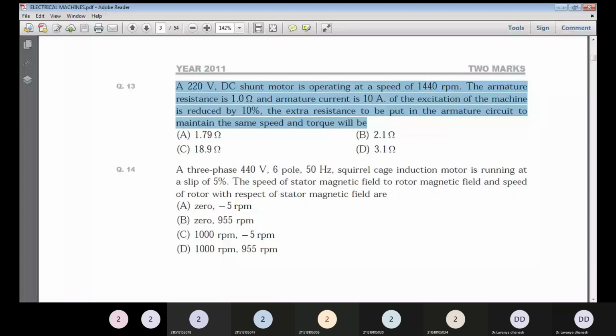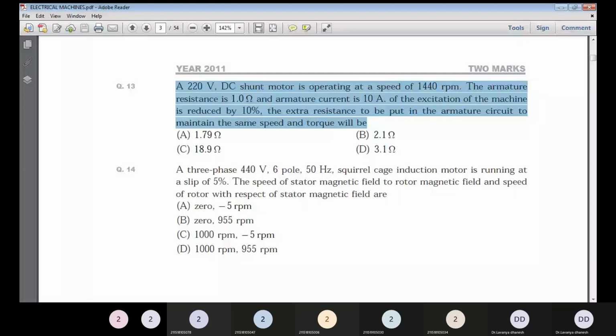So now I'm going to find out EB1. Here we have N1.